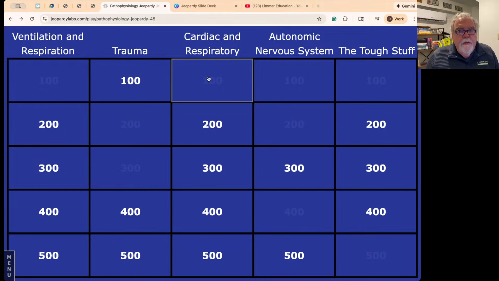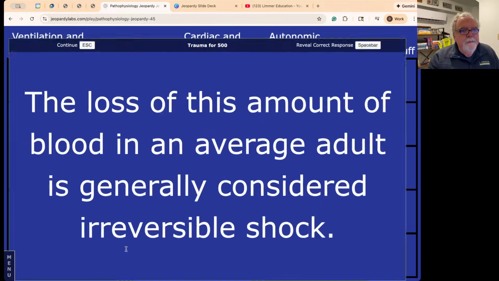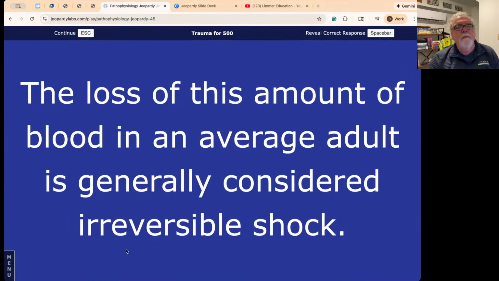All right, I had a request for trauma for 500. All right, here we go. Speaking of blood loss and PEA, think of PEA as the electrical activity of the heart still going, but the muscle isn't squeezing. Or maybe the muscle's squeezing, but there isn't any blood to pump around because they've exsanguinated.